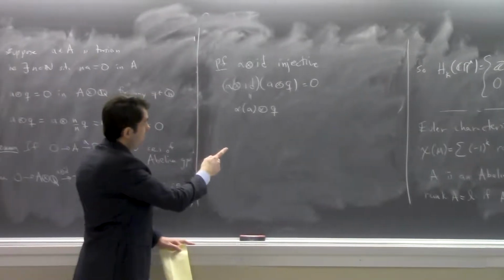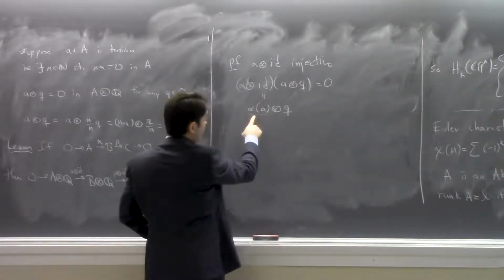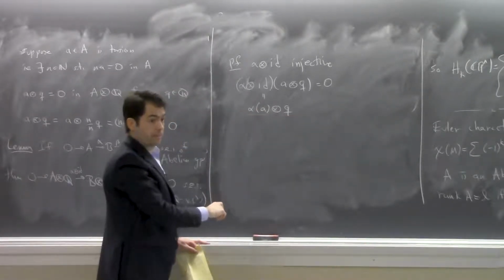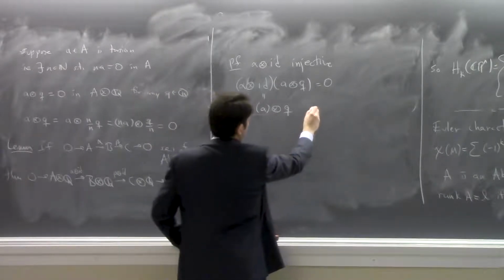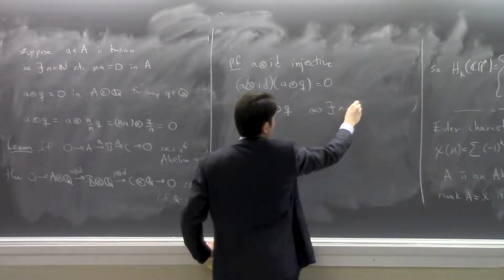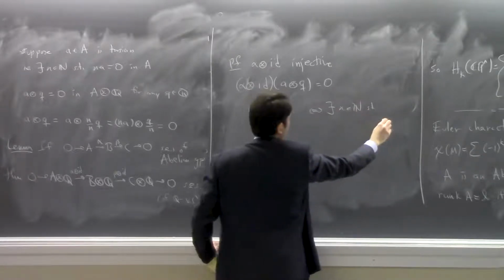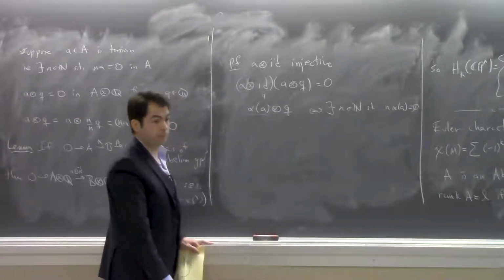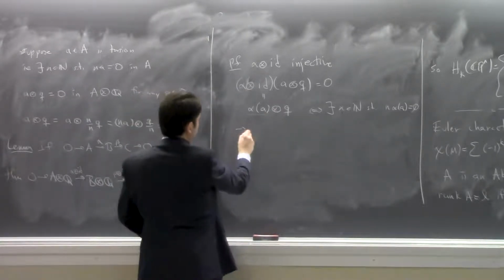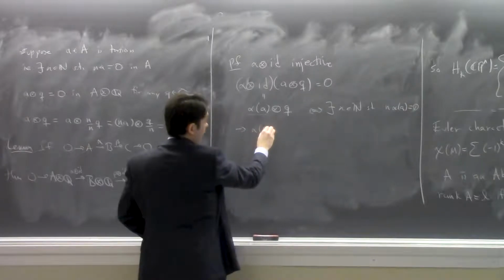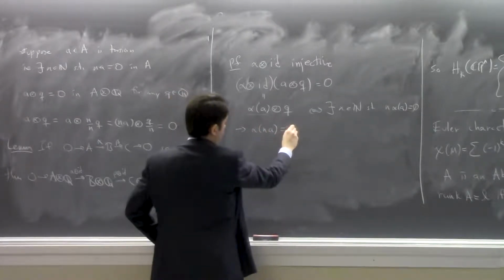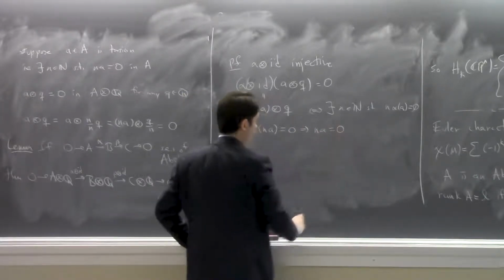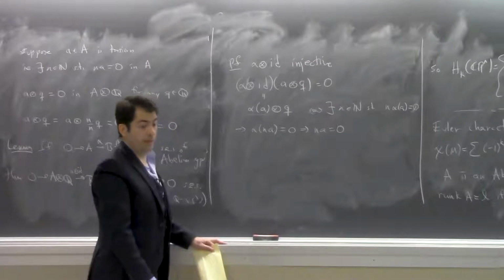And if this is 0, then, well, it doesn't mean that this is 0 because I'm tensoring with the rationals. What it means is that this is torsion. Right? So this tells us that there exists a natural number n such that n alpha A is equal to 0. But alpha is a homomorphism, so that's alpha of n times A equal to 0. And since alpha is injective, that tells us that n times A is equal to 0. So A is torsion.